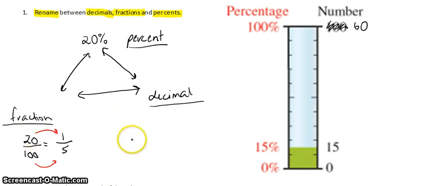Now that language, hundredths, helps us with the decimal. It tells us which place the numbers go when we look at our place value charts. We know between the ones and the decimal fractions is the decimal point. Ones, tens, tenths, hundredths.